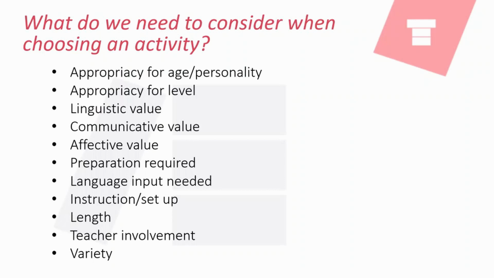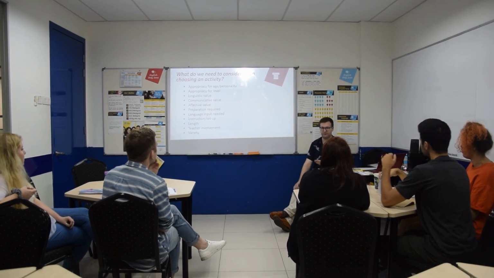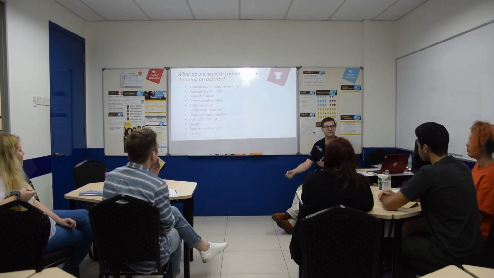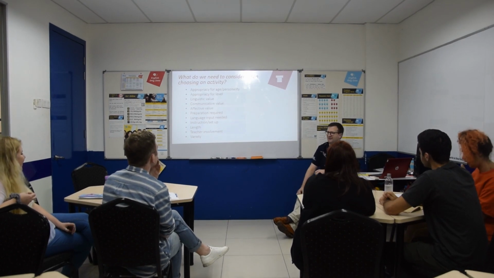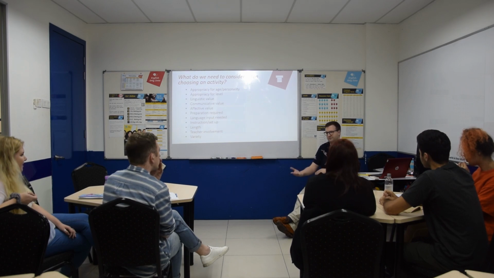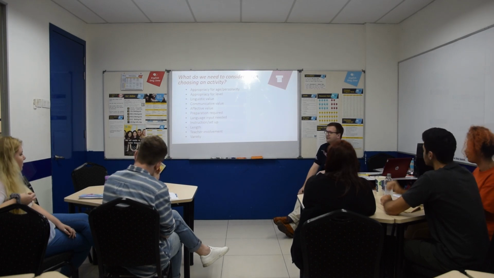Have you ever done the game where one student describes a picture and the other one has to draw it? Oh yeah. If you haven't, you should definitely try it. It's really funny. But again, they're going to need things like left-hand side, top right-hand corner, there are. So you just need to make sure that they've got the language they need.